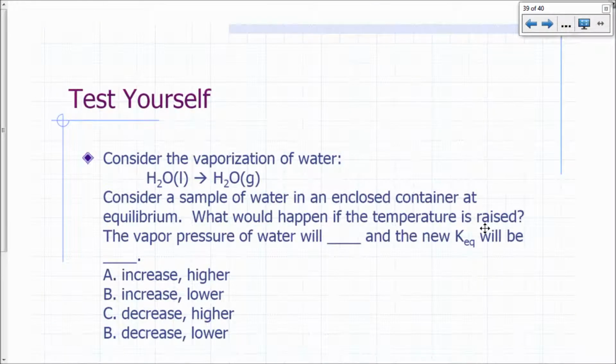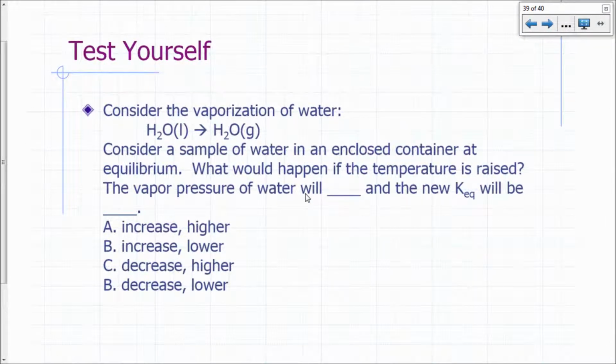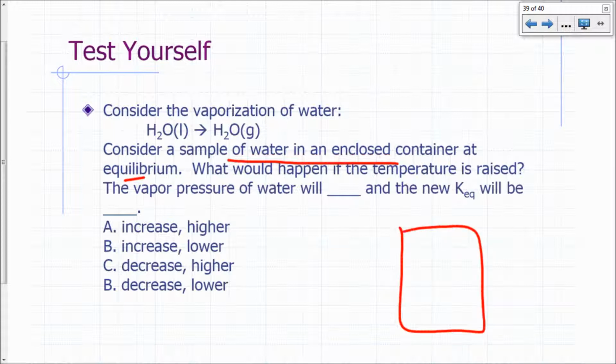Okay, let's take a look at one last question. Consider the vaporization of water. And let's imagine you have a sample of water in an enclosed container at equilibrium. Okay? What would happen if the temperature is raised? So you've got liquid water and gaseous water. The vapor pressure of water will blank, and the new KEQ will be blank. What's the correct answer here?